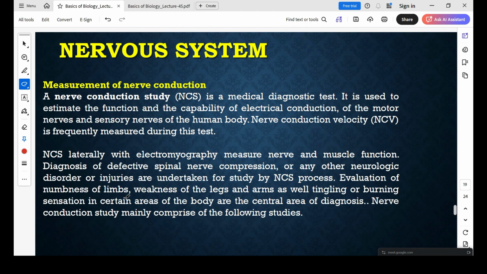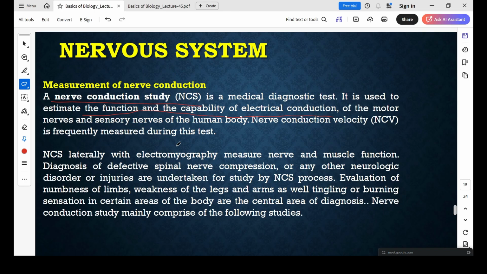So it is very important, in case of any accident or in case of any functional problems, that it is looked at whether the nerves are conducting messages properly or not. A medical diagnostic test to do that is a nerve conduction study. It is used to estimate the function and capability of electrical conduction of both motor and sensory nerves.